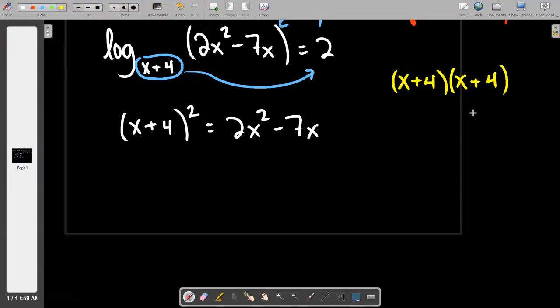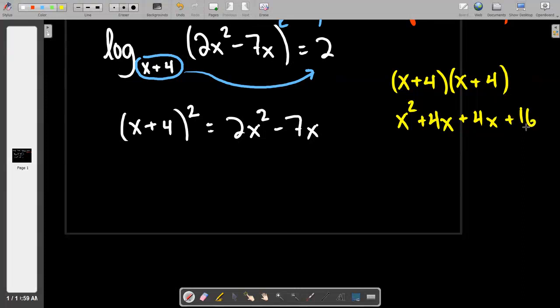We will not say something terribly unforgivable like x squared plus 16. That's like ignoring half the problem. So when I do x plus 4 squared, I get x squared plus outside 4x plus inside 4x plus 16.